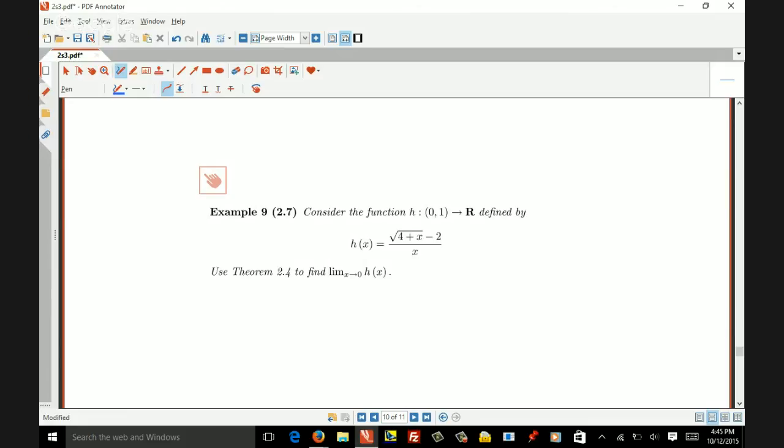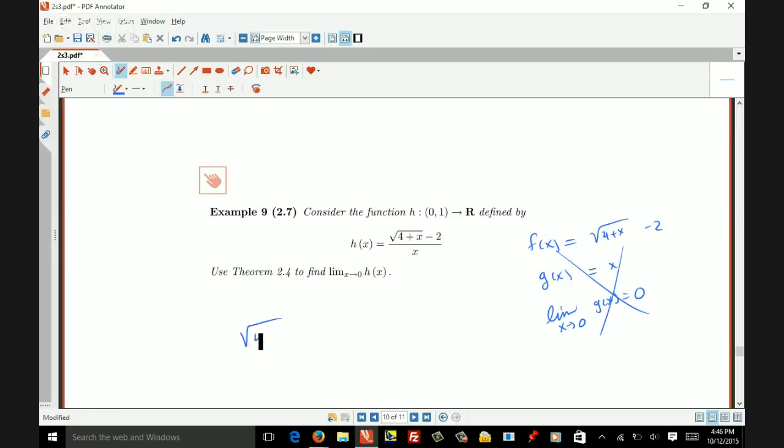So if we define f of x to be the numerator, f of x is going to be the square root of 4 plus x, and g of x is x. What is the limit as x goes to 0 of g of x? 0. So this doesn't work for the division, so we can't do it that way.